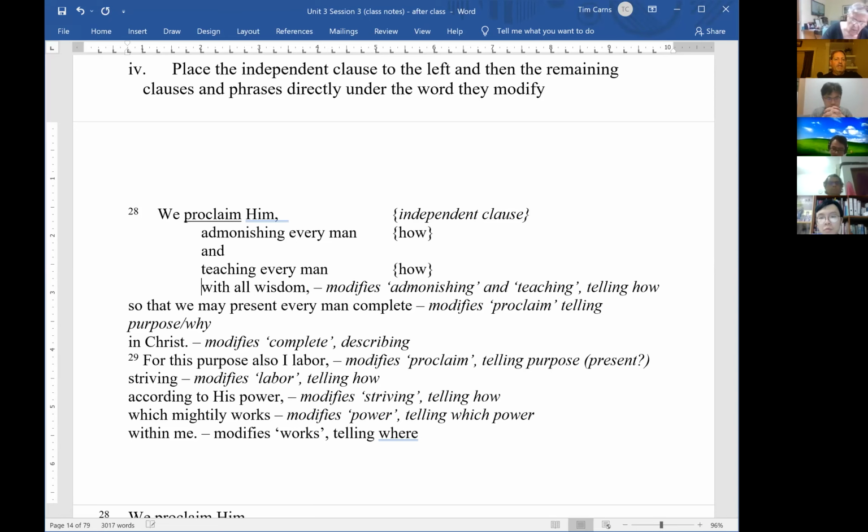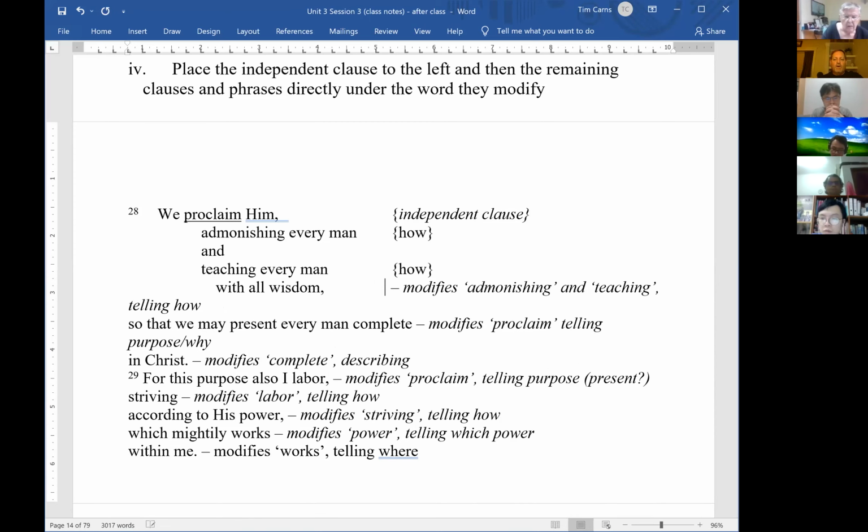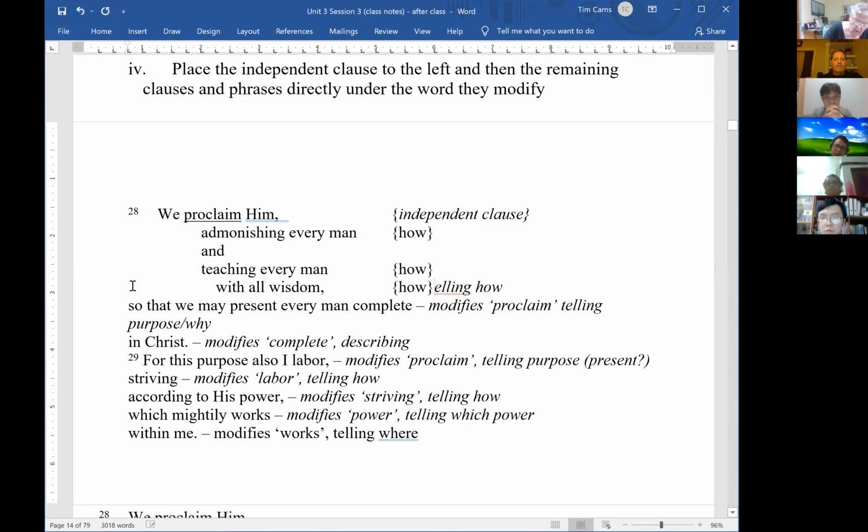As Paul indicated, we look at the nearest possible word that it can modify and see if that makes sense. Teaching with all wisdom, yeah, that makes sense. How I teach. And as Paul noted, because we have the conjunction "and" between admonishing and teaching, this "with all wisdom" is likely going to modify both of those words: how I admonish and how I teach.